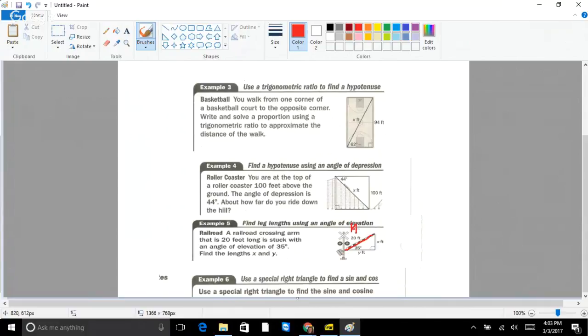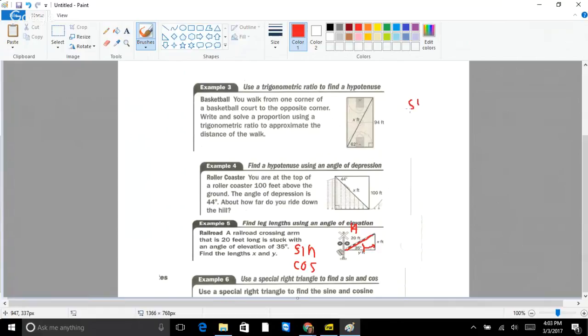So since they've given us our hypotenuse, we're going to probably use sine and cosine because tangent doesn't actually use the hypotenuse, right? So let's look at, we've got to do x and y. So let's do x first. Well, x is the opposite side.